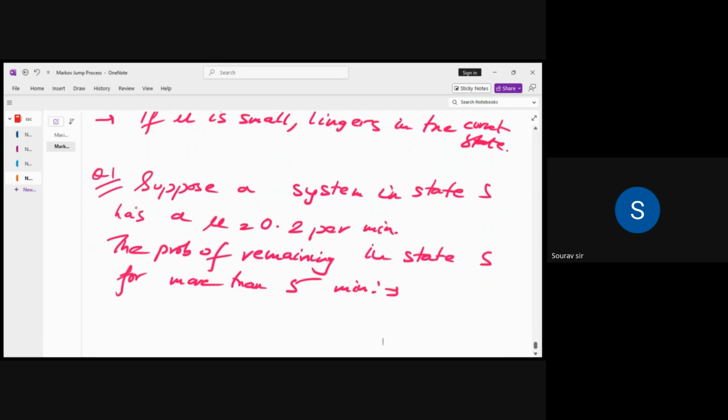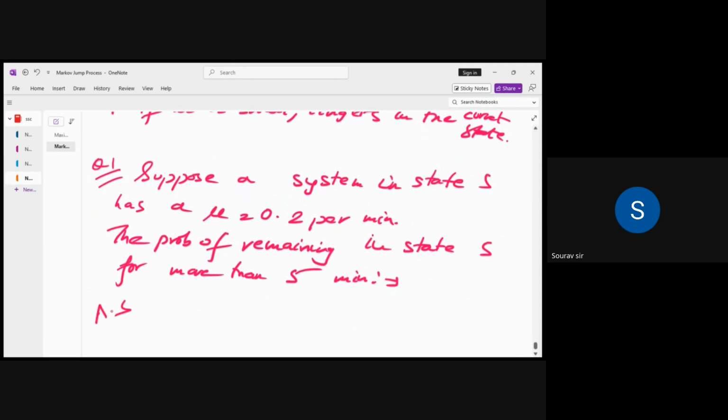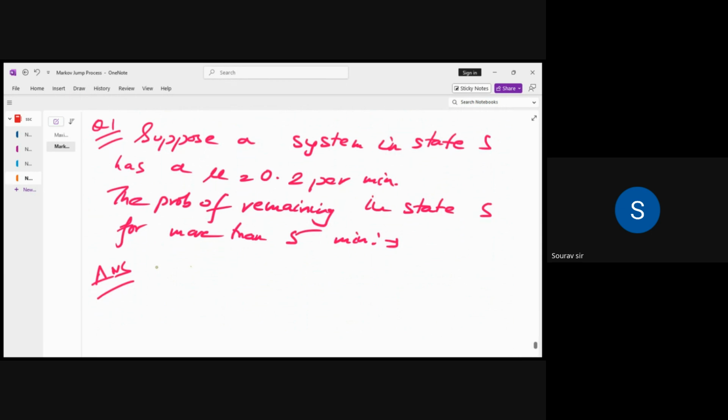That is, the answer will look like P of t greater than 5. That is e to the power minus 0.2 times 5, that is e to the power minus 1. So say 0.3679.